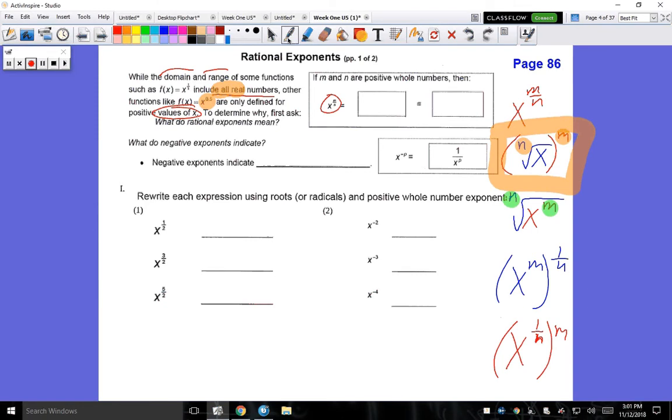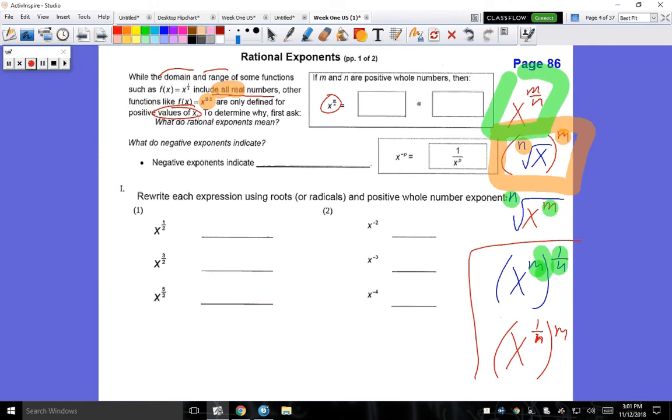These are just extensions with properties. Guys, what do you do when you have a power raised to another power? What do I do with m and 1 over n? I multiply. So if I multiply m times 1 over n, I would get my original m over n as my ratio, my rational exponent, however you want to say it.